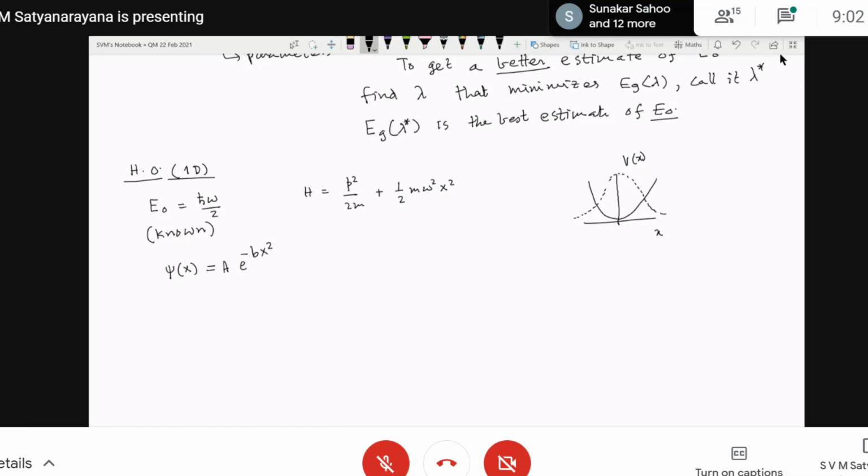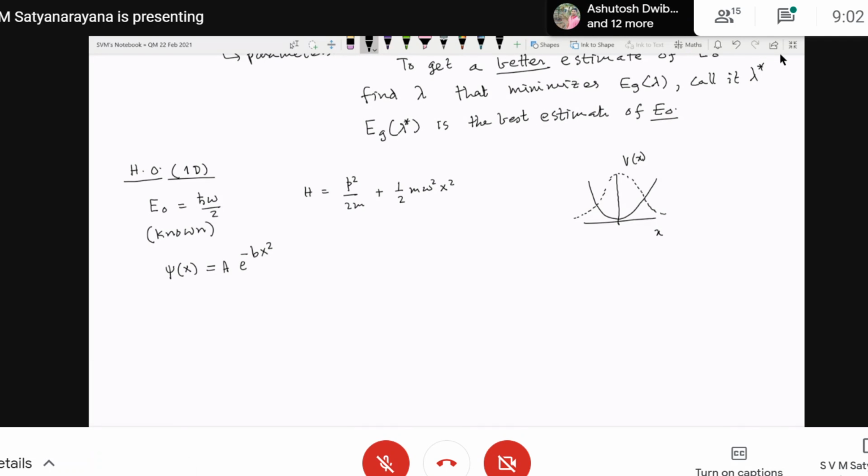Because of that, the maxima of the probability will coincide with the maxima of the wave function. Because of this intuitive understanding, I know that probably a Gaussian function is a better choice. Of course, you may say that since you know, you are choosing it, but that is why I am giving this explanation, of what goes on in our mind when we are trying to choose a wave function.